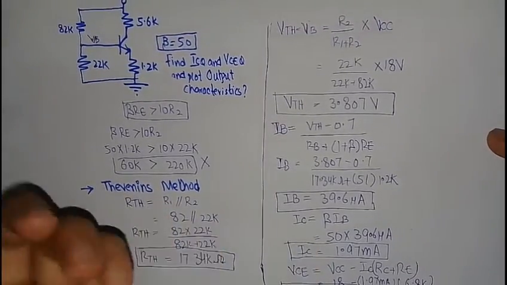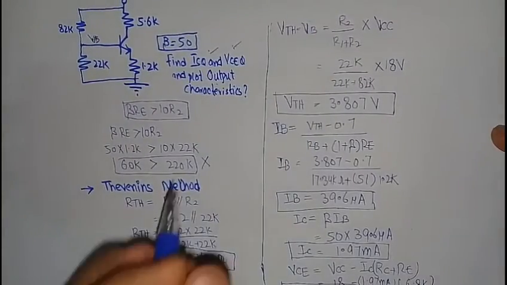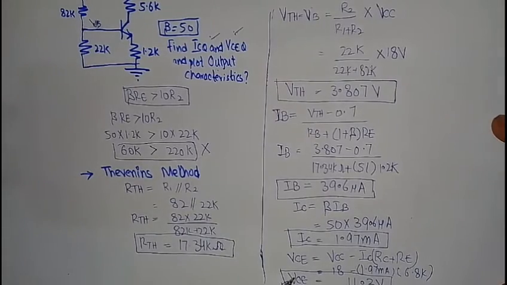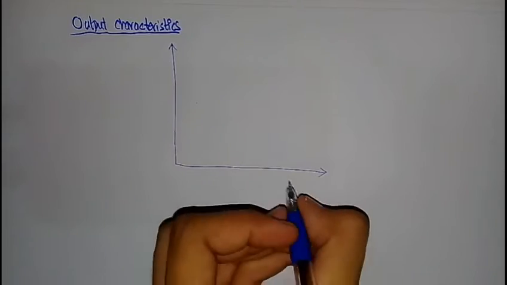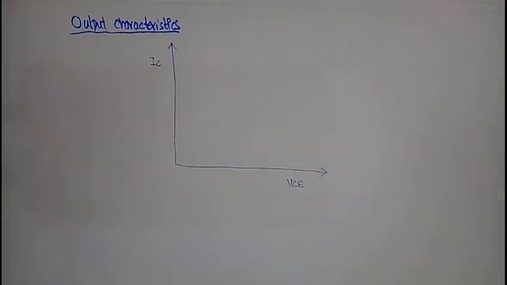So the values of ICQ and VCEQ are done, because the value of IC is ICQ and the value of VCE is VCEQ. Now we will plot the output characteristics of this circuit. The output characteristics are drawn between IC versus VCE.